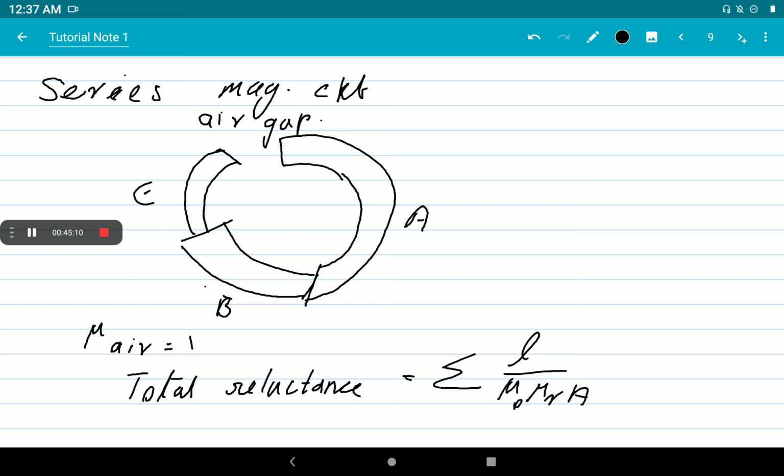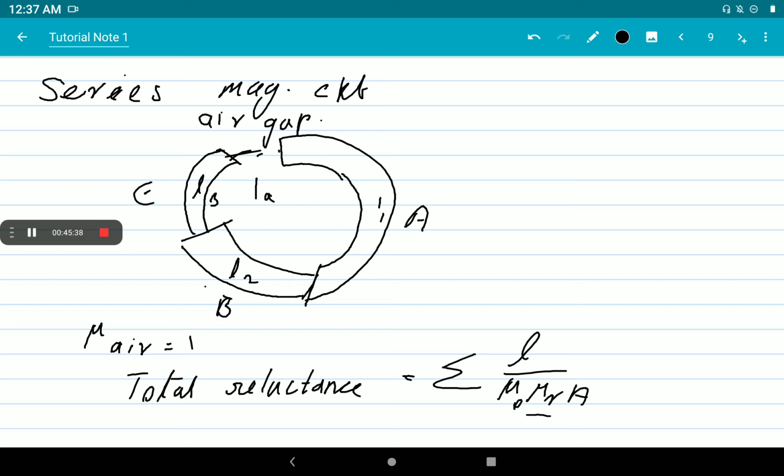For each, the permeability of material will be different. So L by mu 0 mu r A is the equation for reluctance. For the first material, length is taken as L1, and the second one L2 and L3, and the length of air gap is taken as LA.